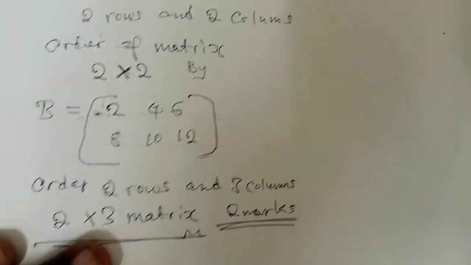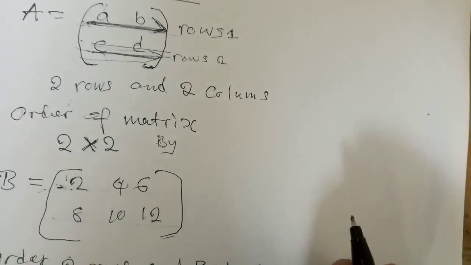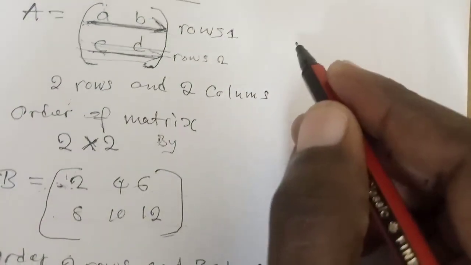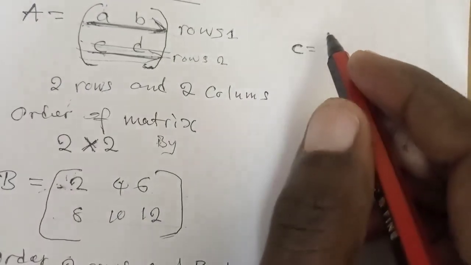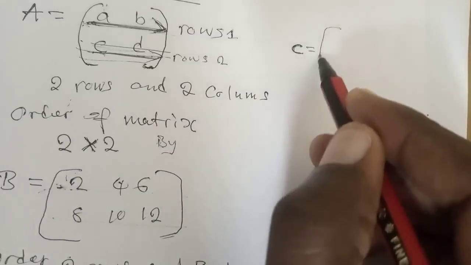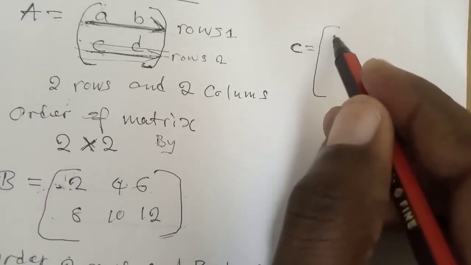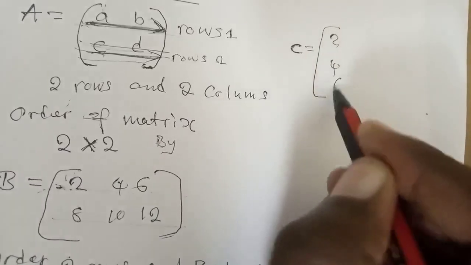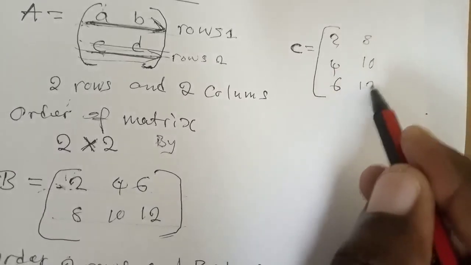So let's look at another example so that you understand very well. Let's say we have matrix C. Matrix C is another example of a matrix. We have 2, 4, 6, 8, 10, 12, like that.